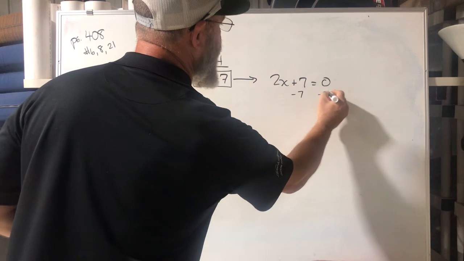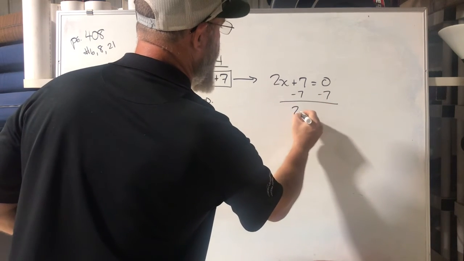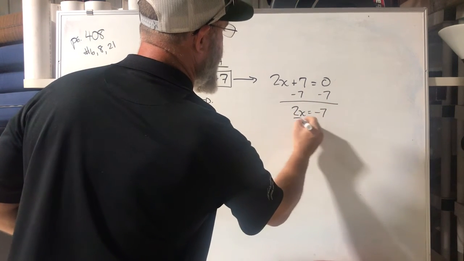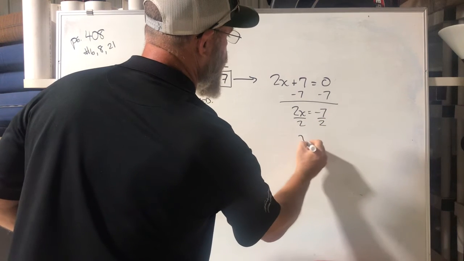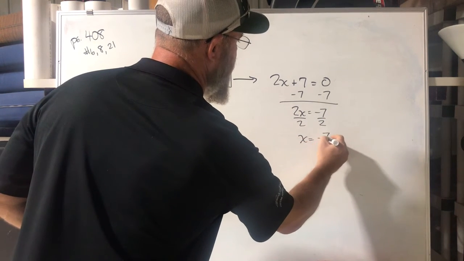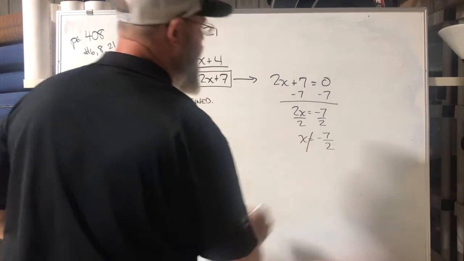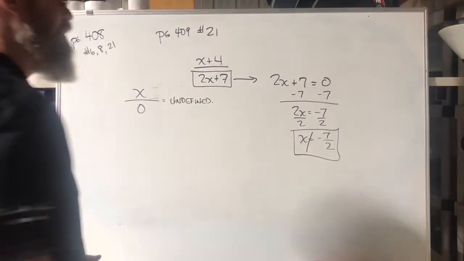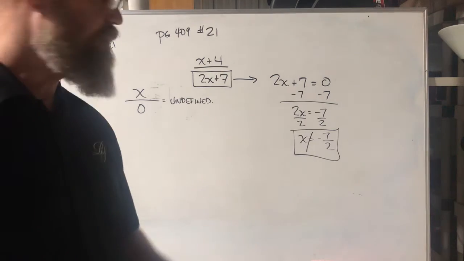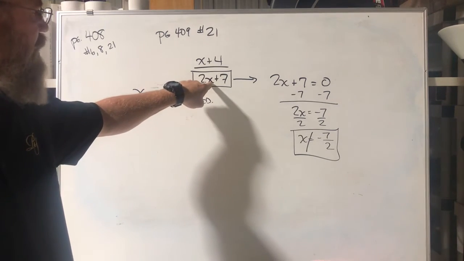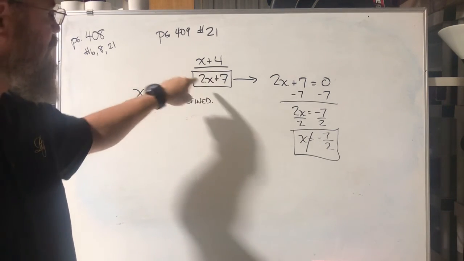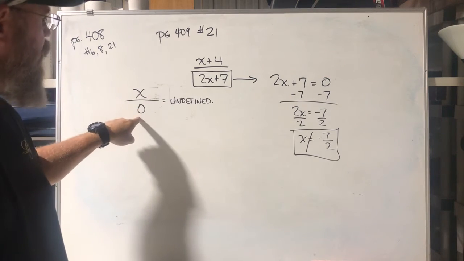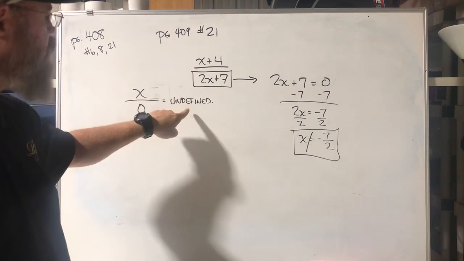We subtract 7 from both sides. So I've got 2x equals -7, divided by 2. So x cannot equal -7/2. Because if x equals -7/2, then the denominator will equal 0 and this rational expression will be undefined.